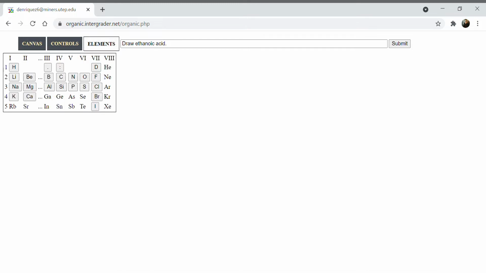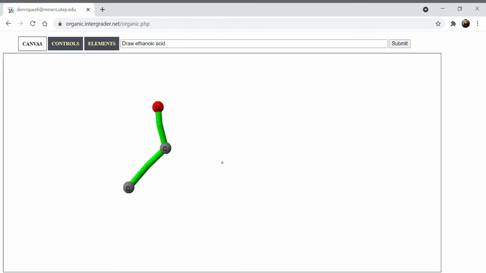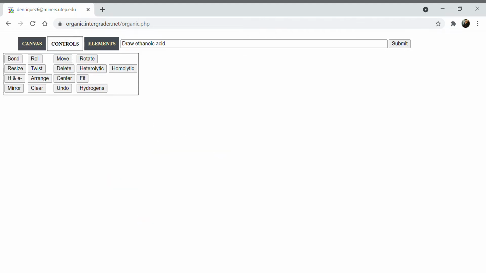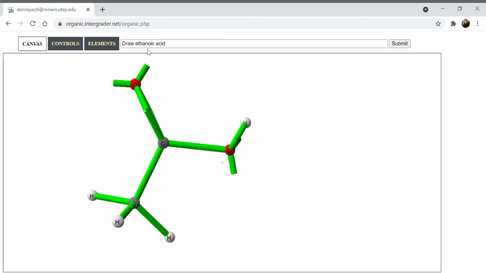Again, we have the systematic name. So I'm going to draw my ethane, and there's no di on there, so there's only one set of oxygens. So I have my double bonded oxygen and my single bonded only on one side. If it had di in the name, then it would be on both sides.